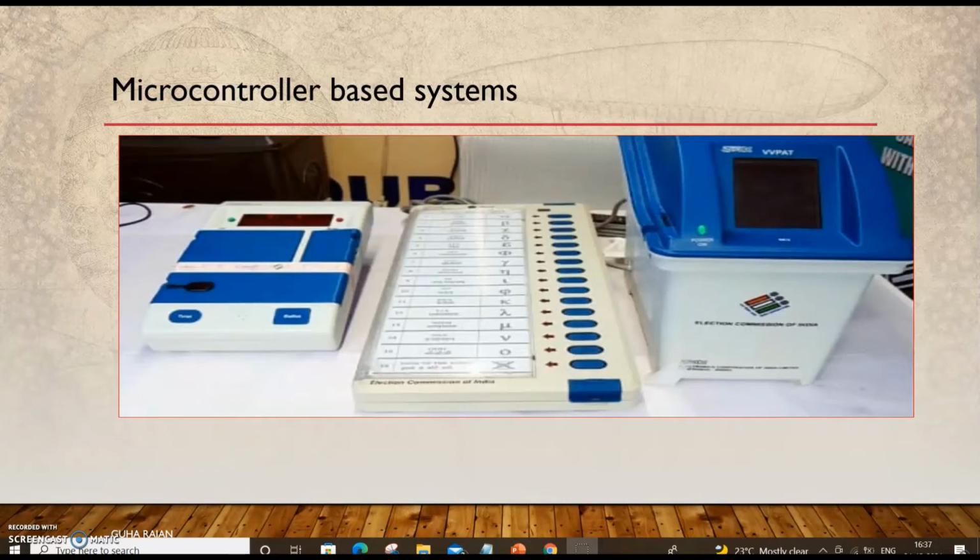Once I say computer, don't think about a laptop or a desktop, but it has a computer processor inside it, which is designed to function in a specific way, so that the electronic voting machine will perform the function as what it is designed for. Maybe it has to recognize the key to whom a person votes, and then keep a count of it, and finally when asked it should display the result.